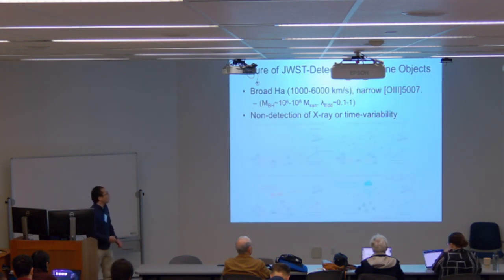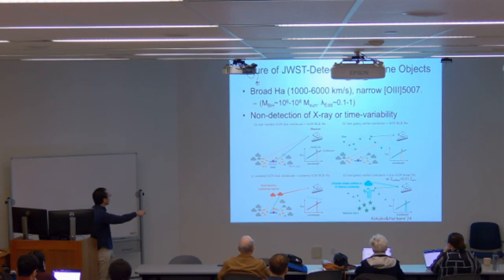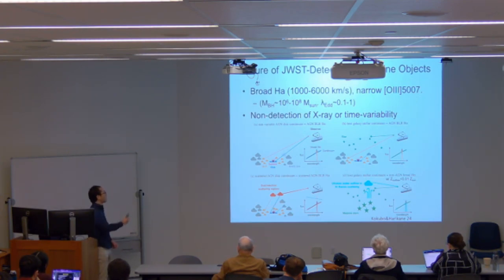Then we propose four scenarios to explain the properties of these JWST-detected broad-line objects. Here I show scenarios A, B, C, and D. The first three scenarios are special, non-standard AGN scenarios, and the final one is a non-AGN scenario. Because time variability is based on the multi-epoch image analysis, and the image flux is dominated by continuum emission, we should somehow explain the continuum emission from a non-standard AGN.